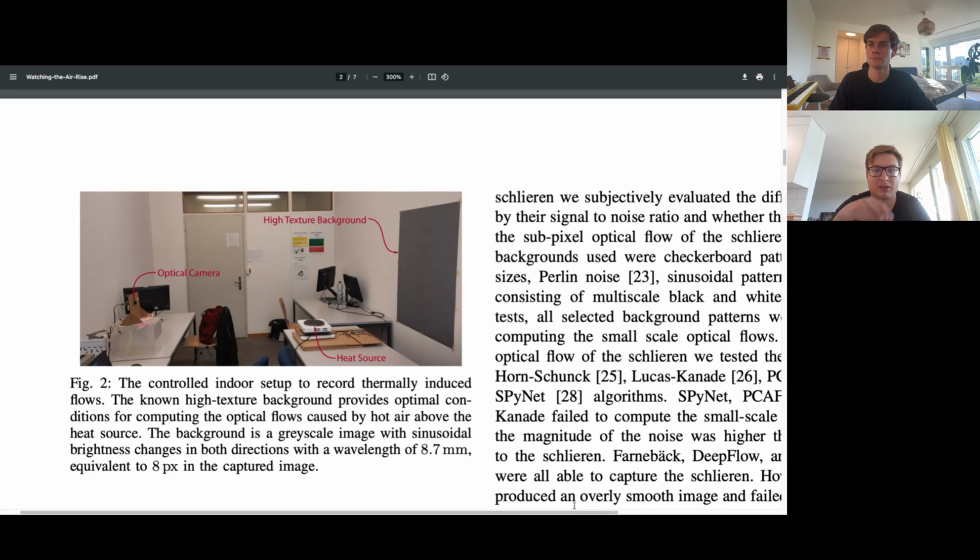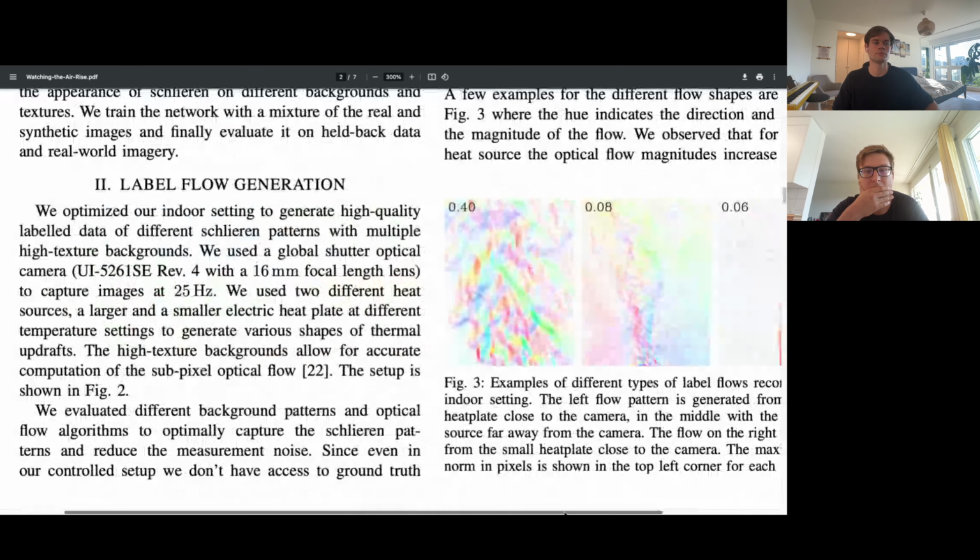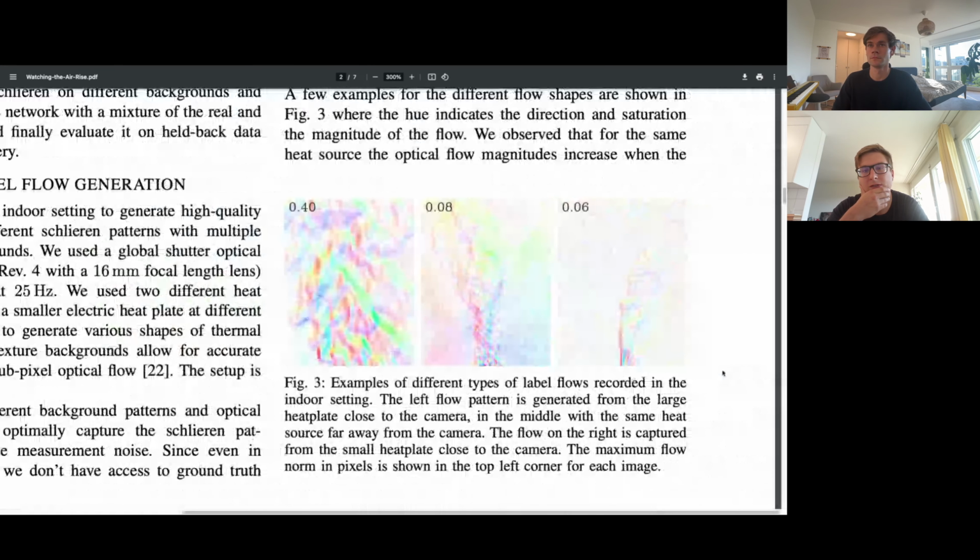As you can see here on this page at the bottom right, there are some example flows. For example, these are some small scale snapshots. On the left, we have the large heat plate close to the camera, where almost the whole image contains some Schlieren flow.